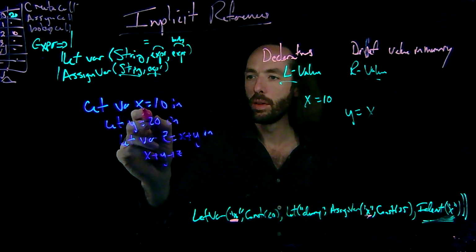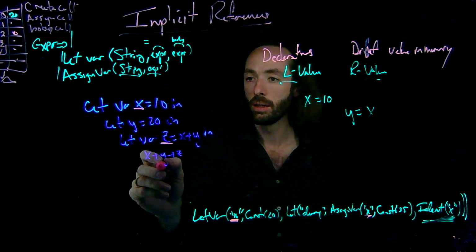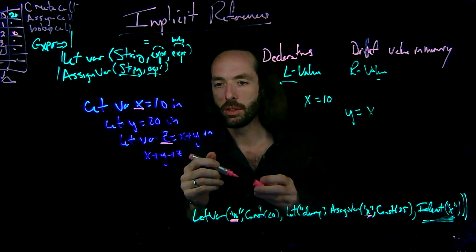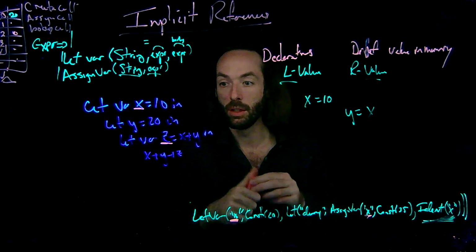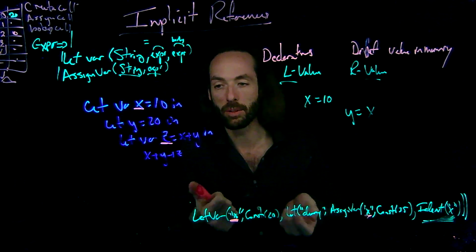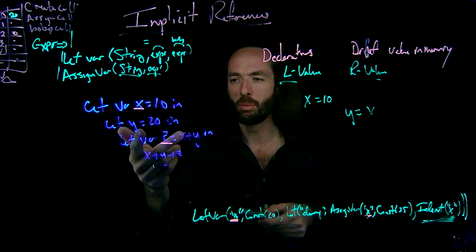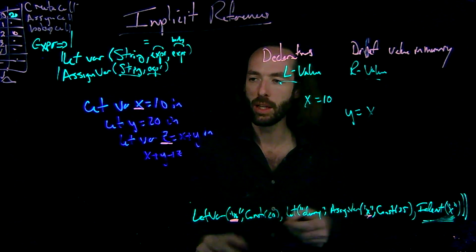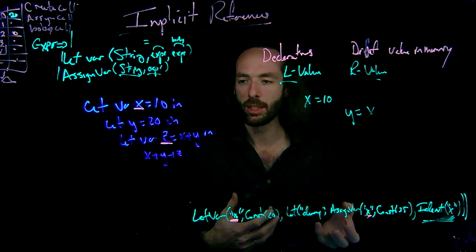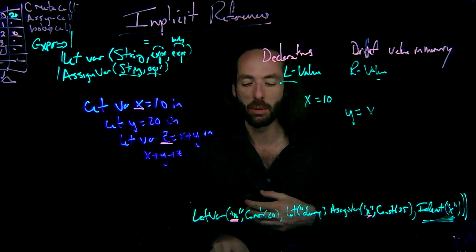Right, well, this is an L value, and z is an L value here. And those are the only two L values that are being assigned to, right? They're the only times a full variable, a reference, is being assigned to. The y's don't really count because they are just these environmental vals. So they don't really have that separation and definition because there is no sense of I have to automatically deref this.